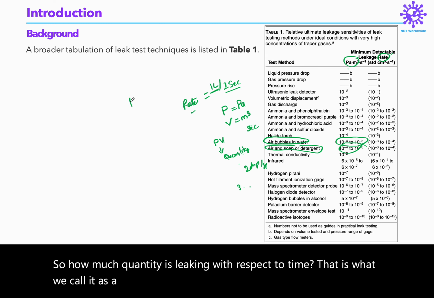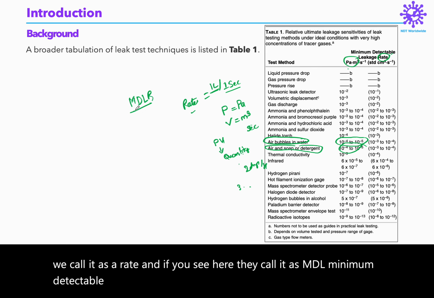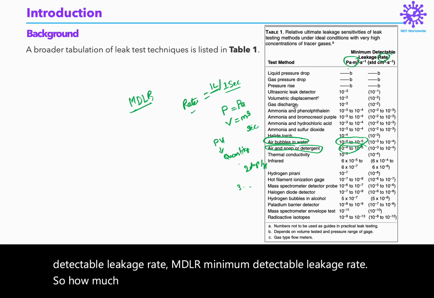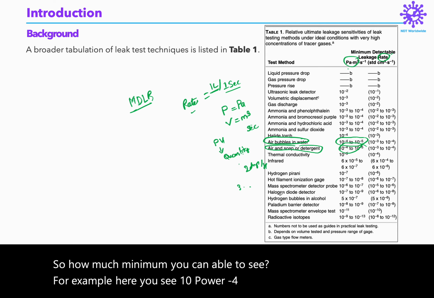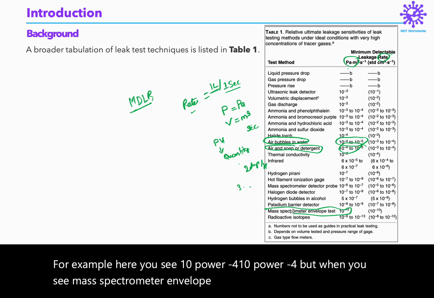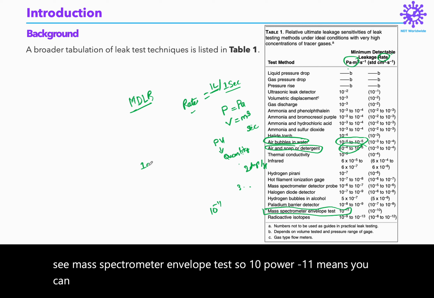Here they call it MDL, the minimum detectable leakage rate. So how much minimum you are able to see. For example, here you see 10 power minus 4, but when you see the mass spectrometer envelope test, 10 power minus 11 means you can tell one drop is leaking per 10 years.